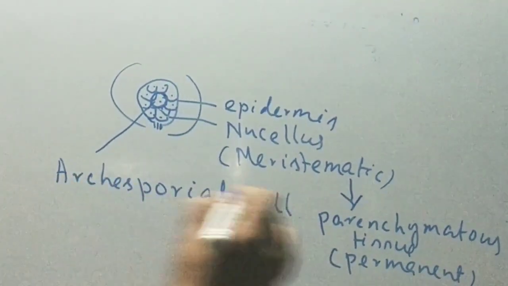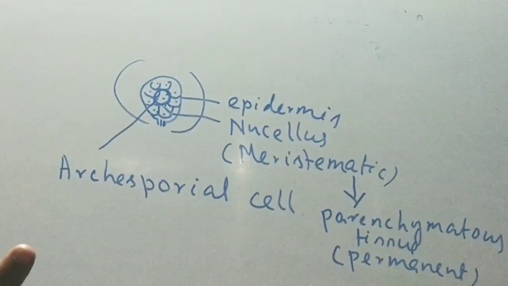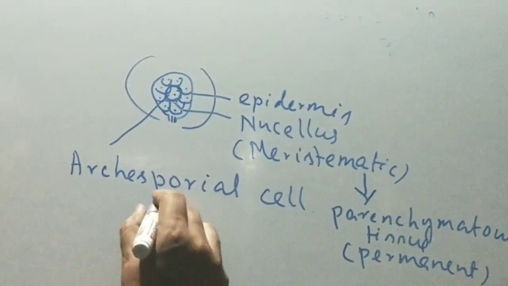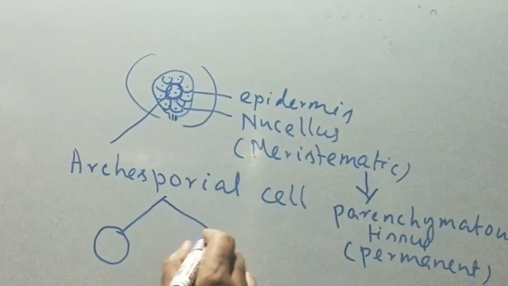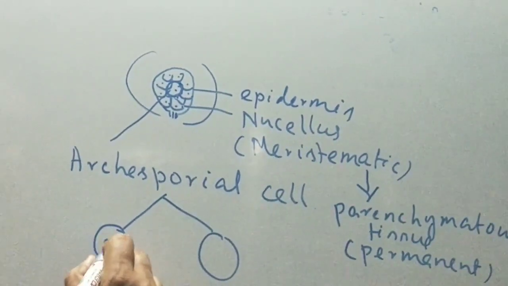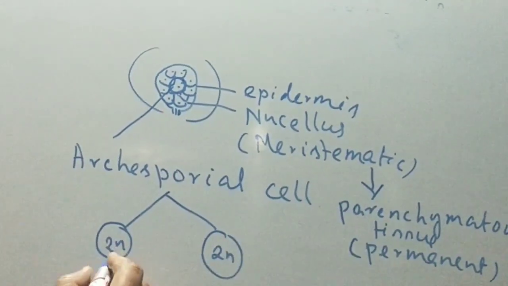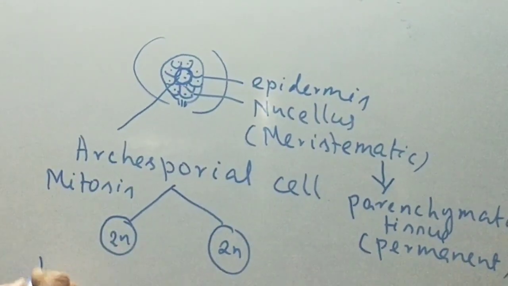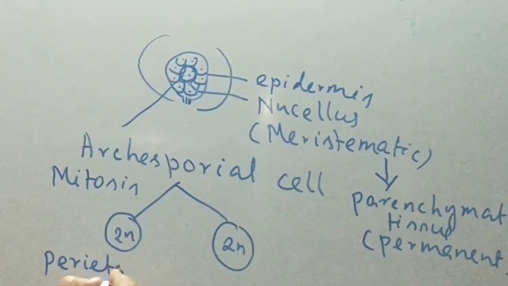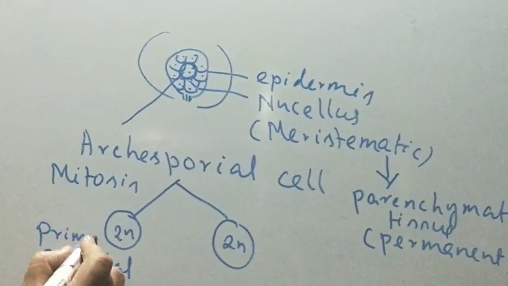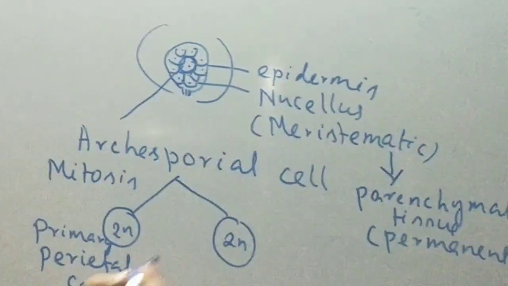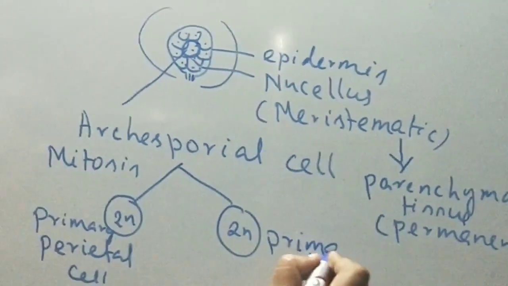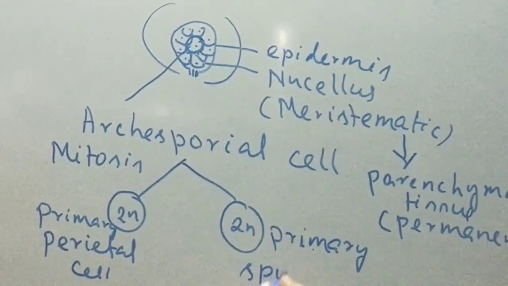Now this archisporial cell, the larger cell, divides by mitosis, forming two cells having chromosome number 2n. One cell is called the primary parietal cell, and the other is called the primary sporogenous cell.